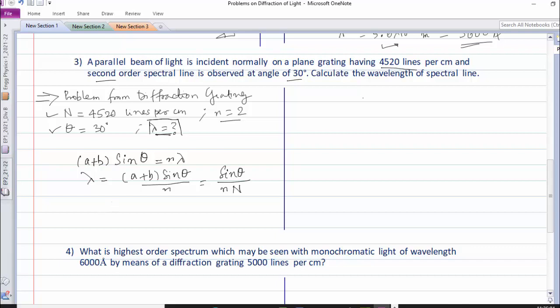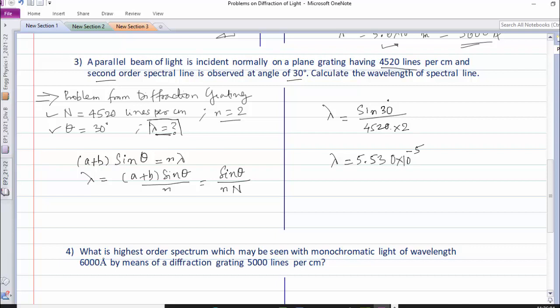Therefore, lambda is equal to sine 30, which is half, divided by 2 into 4520. You can use a calculator. The answer is 5.530 into 10 raised to minus 5. Now what is the unit of this wavelength?